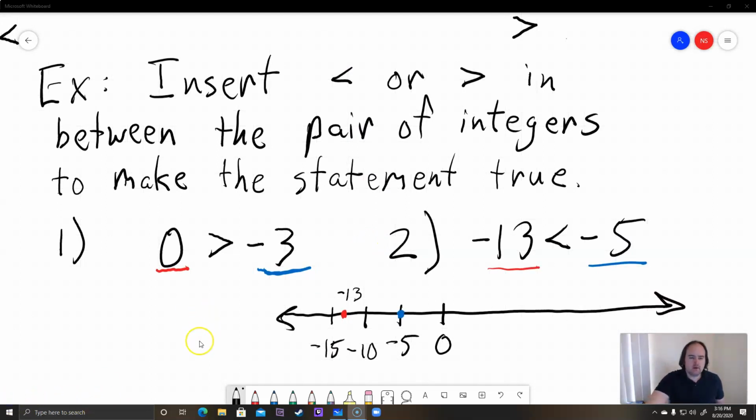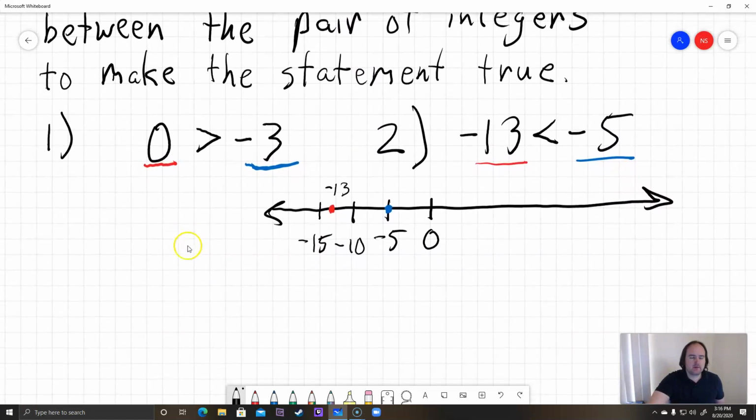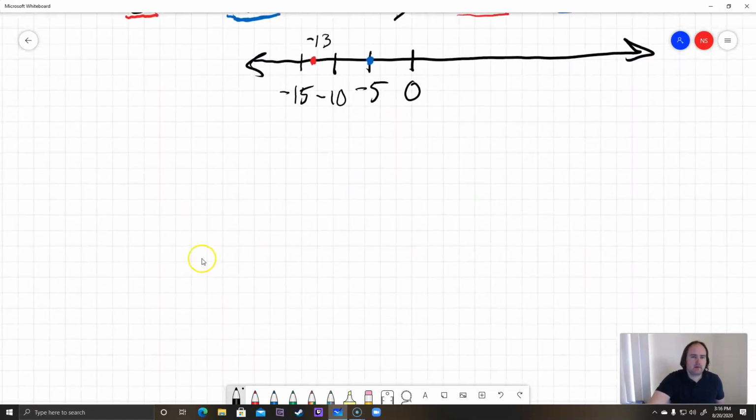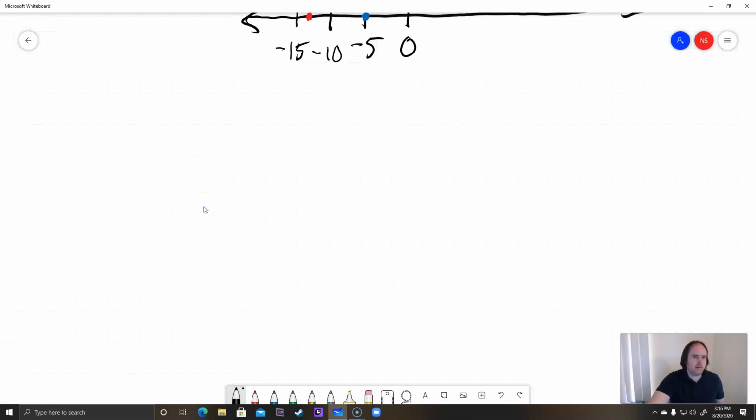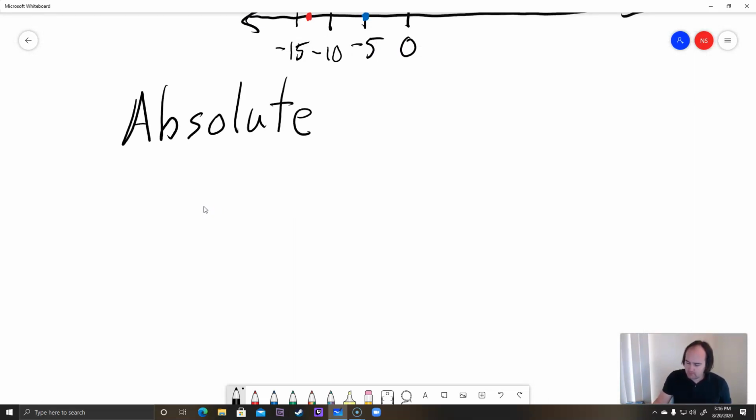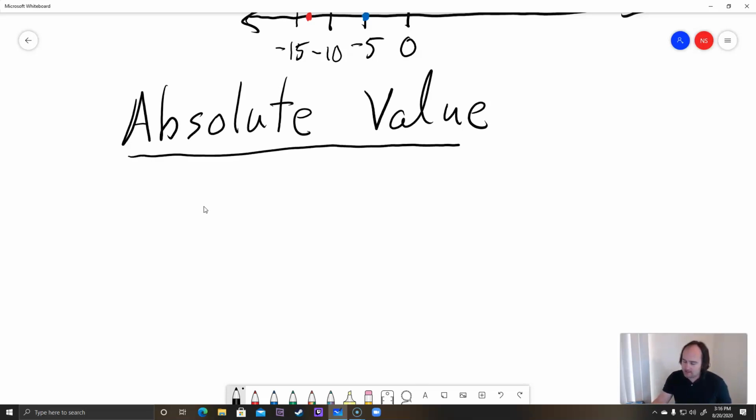All right, so the next thing I wanted to talk about, this is still section 2.1, is absolute value. So the basic idea here is absolute value looks like two vertical bars.